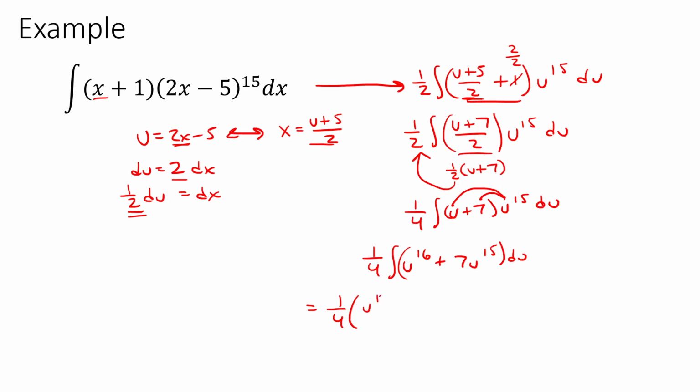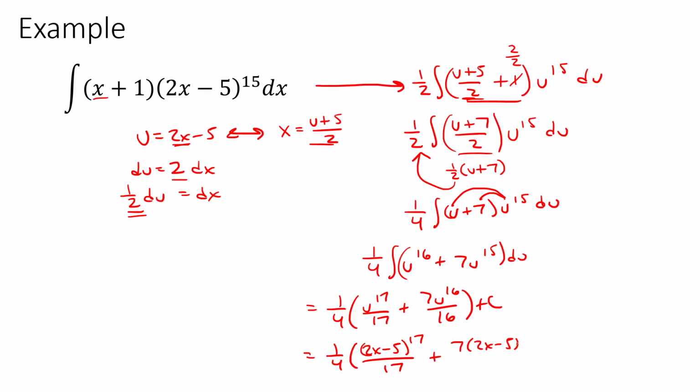This will be u to the 17 over 17 plus 7 u to the 16 over 16. And then we'll fill our x back in, and we're done. You can just leave the 1/4 in front, that's fine. And you win, that is your answer.